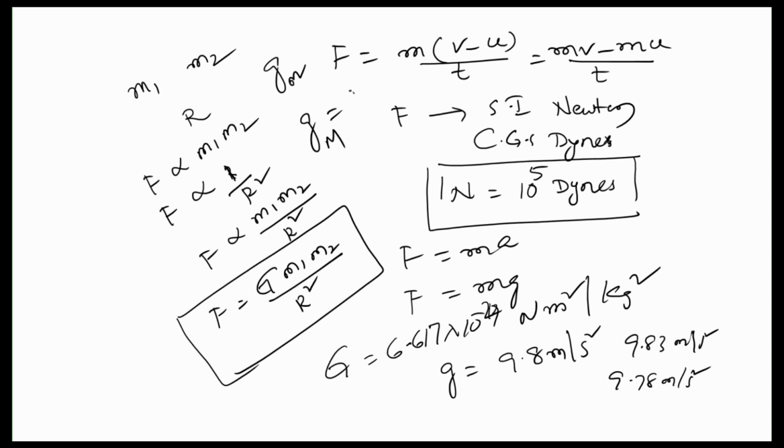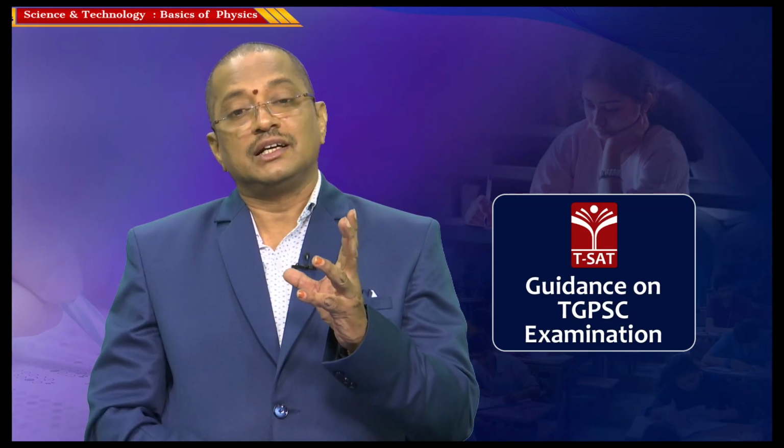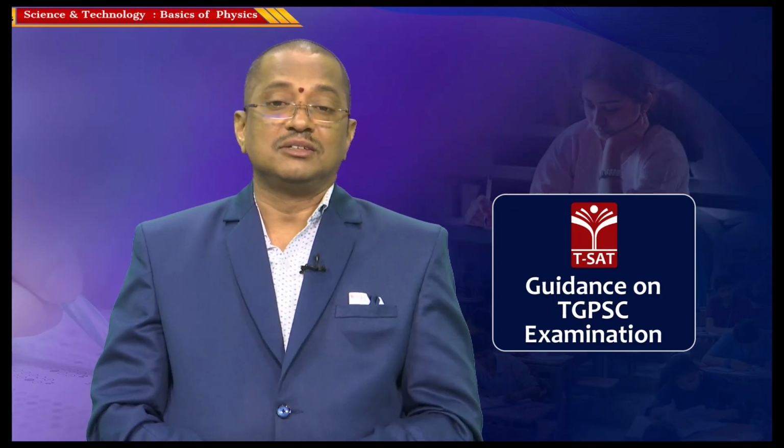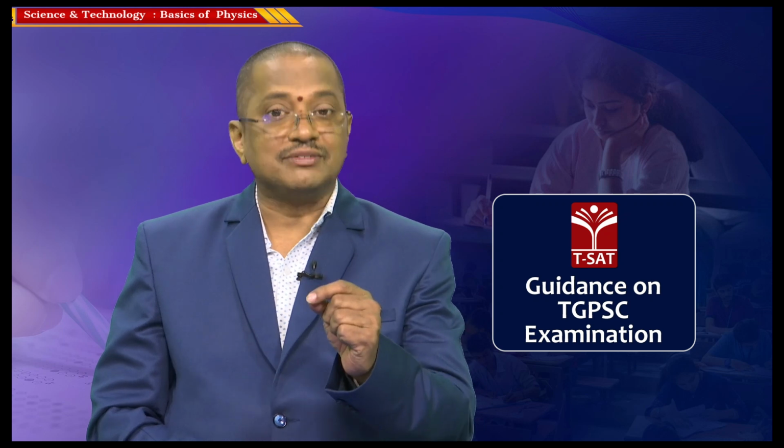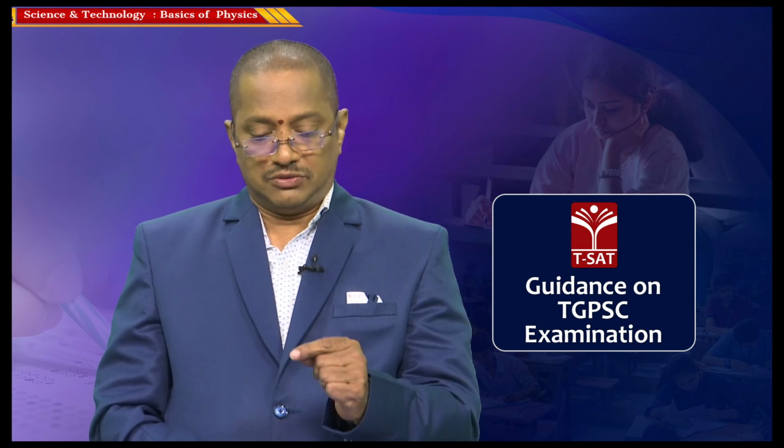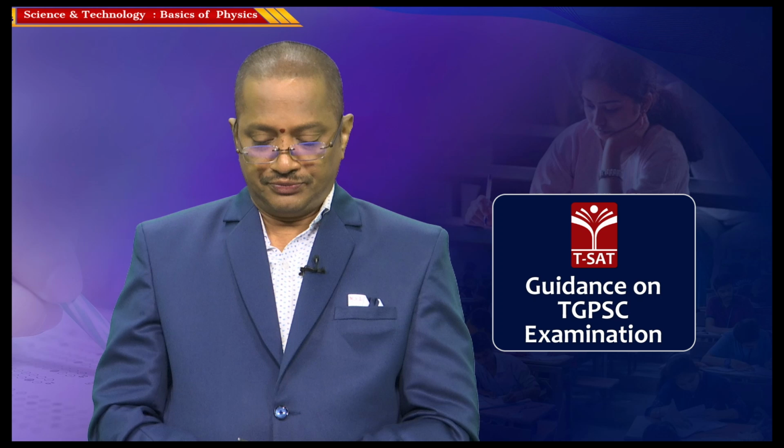It is simply g by 6, simply 9.8 by 6, which is approximately 1.62 meter per second square on the moon. For that reason, there is no atmosphere on the moon. This is one of the reasons. We have to notice all these things here.